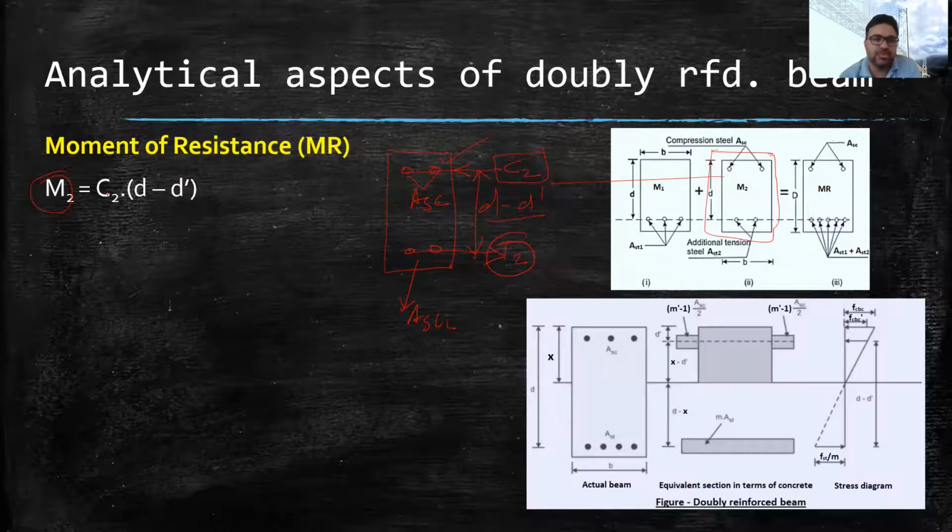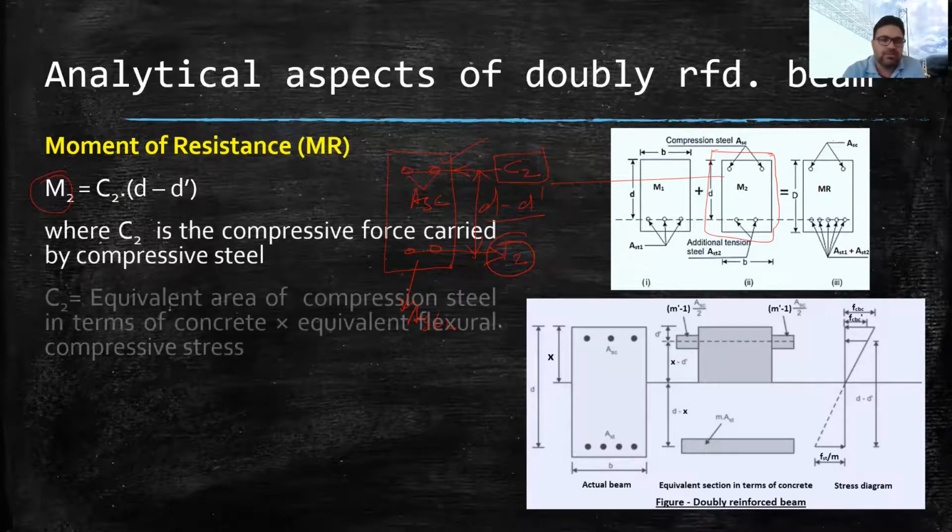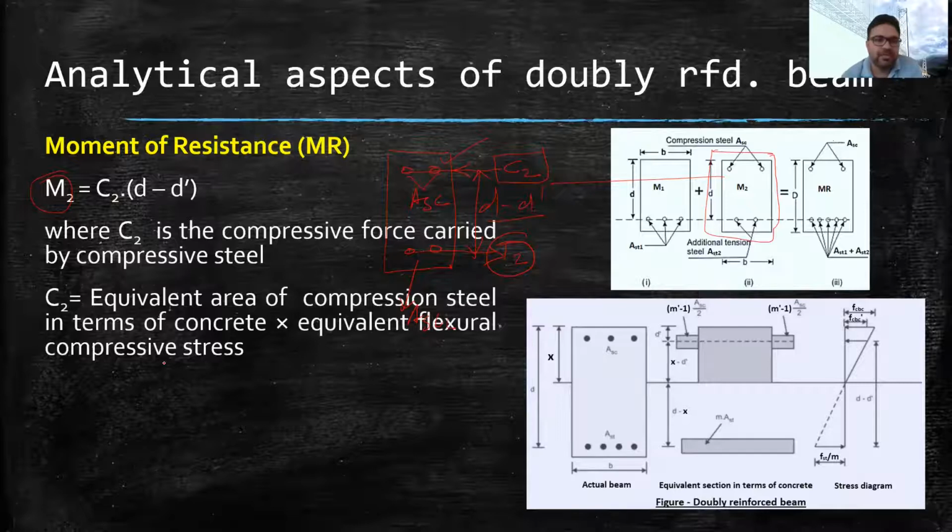So this C2 is the force in the compressive steel. Force is stress into area. Now C2 will be the equivalent area of the compression steel in terms of concrete, multiplied by the equivalent flexural compressive stress.